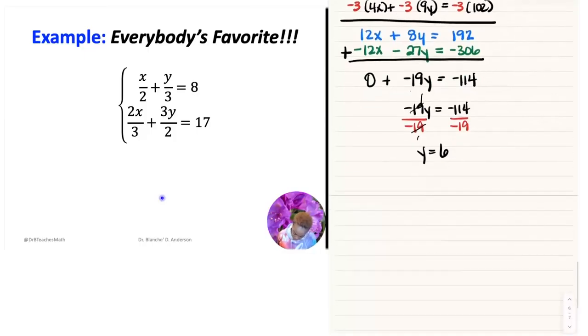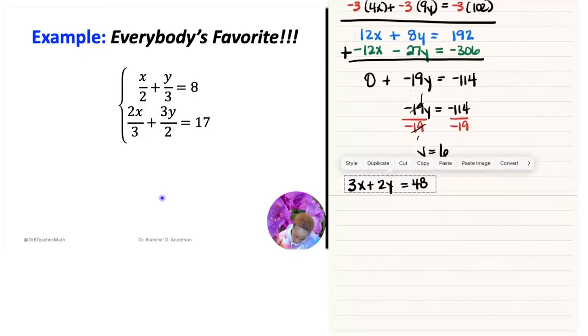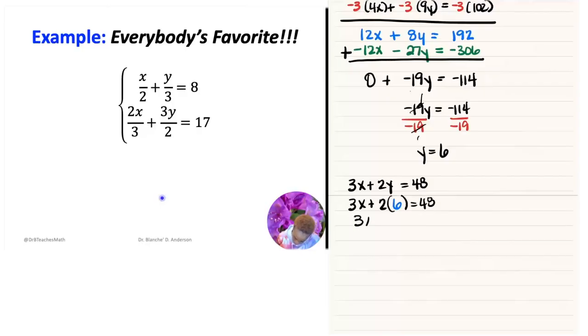Okay. Let's come down here. 3x plus 2y equals 48. And we're going to say when y equals 6. So that's going to be 3x plus 2 times 6, right? Equals 48. 3x plus 12 equals 48.